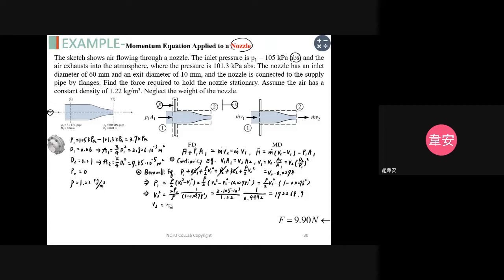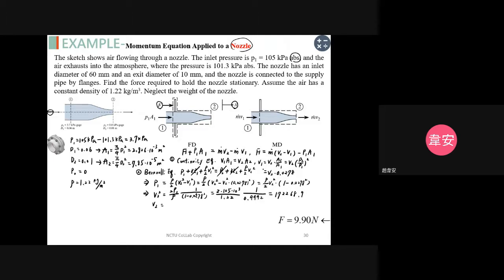Sorry, there are some troubles, let's take a look. The P1 is equal to ρ over 2, and this is 2 times P1 divided by ρ, and divided by 0.9992.